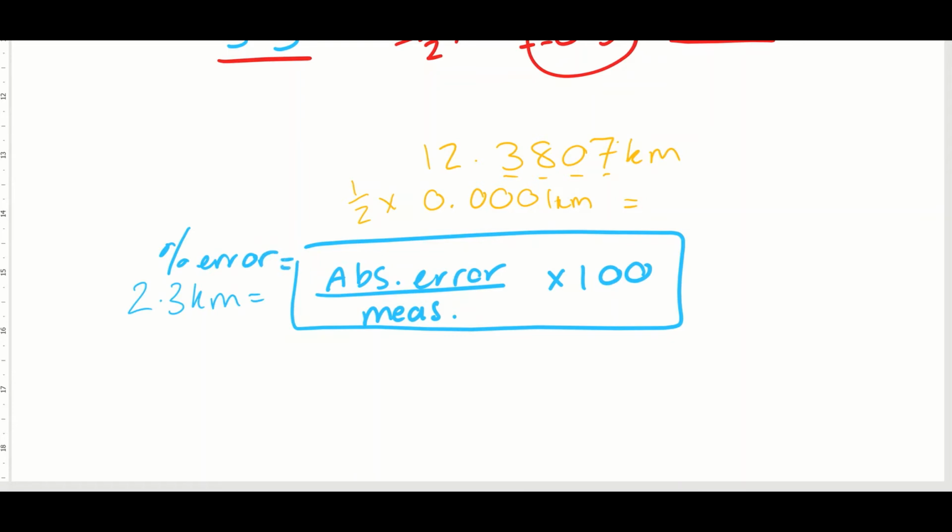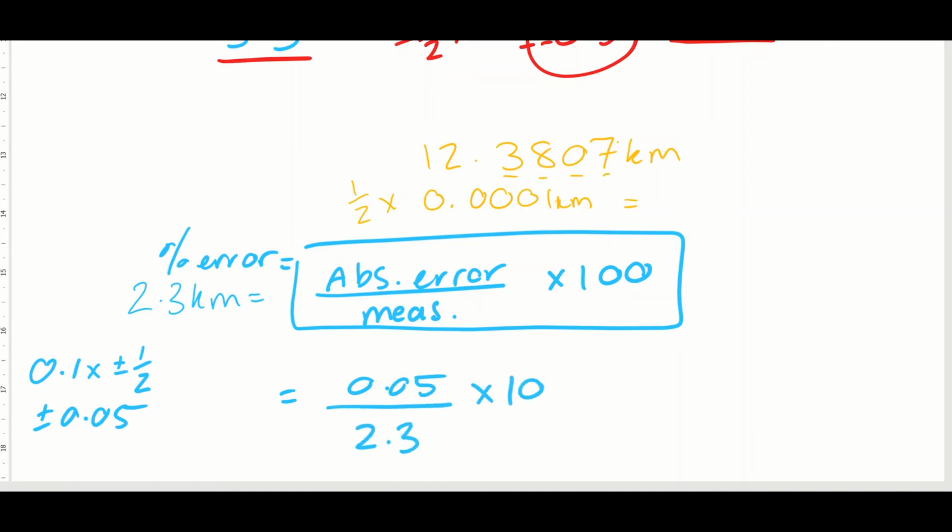Again, you're going to have all this in your Year 11 book, but I'm just trying to revisit it for you. So all you're going to do is say, what's the smallest measurement? It's measured every 0.1 kilometer. I need to times that by plus or minus a half. I get plus or minus 0.05. So my absolute error is 0.05. Divide that by my measurement of 2.3 and times it by 100, and that will give you your percentage error.